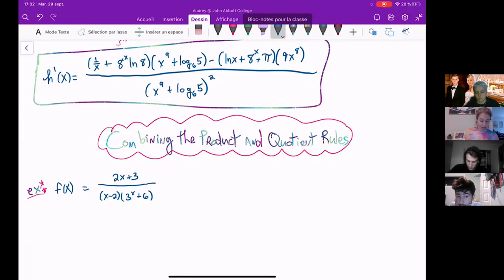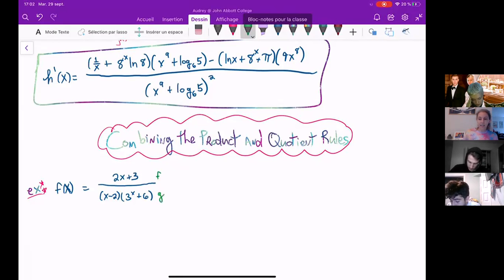Okay, so when you look at this, what rule do you think is a good rule to start with? Product rule on the denominator? So I have a product rule in the denominator for sure. But is that product rule only in the denominator, or is it the whole thing? Only the bottom. The whole thing is a quotient.